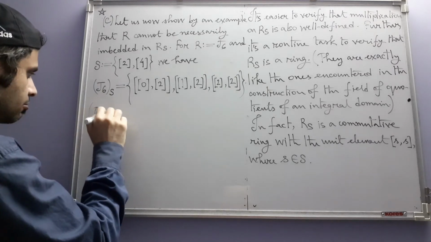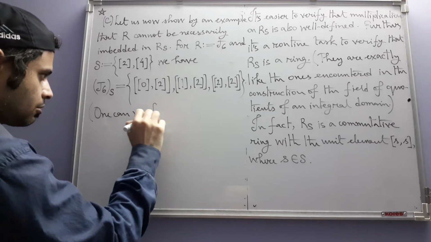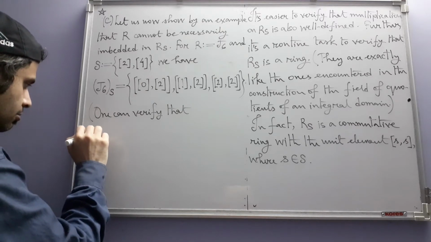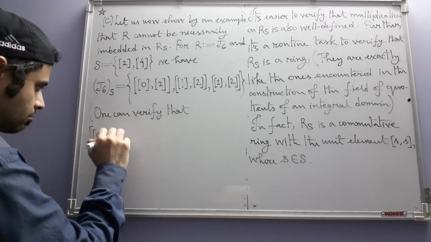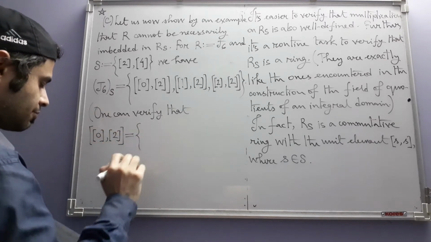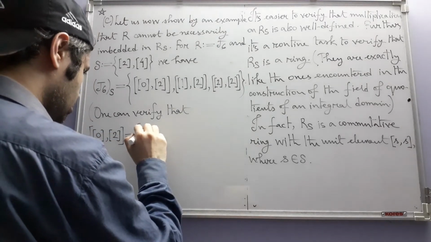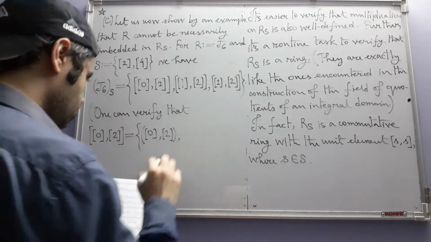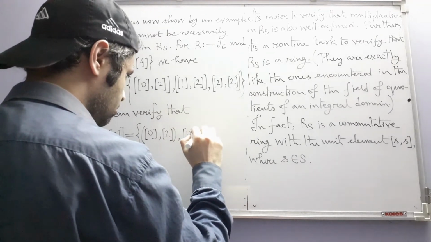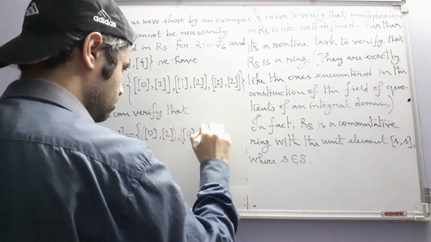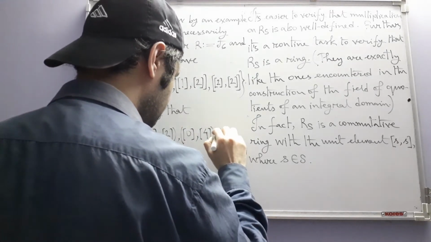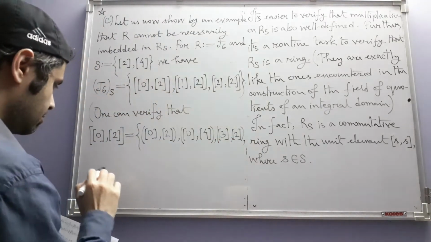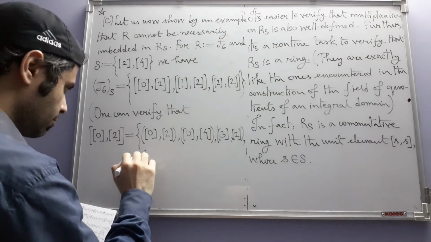One can verify that this equivalence class actually consists of these things: 0 comma 2, 0 comma 4, 3 comma 2, and 3 comma 4.